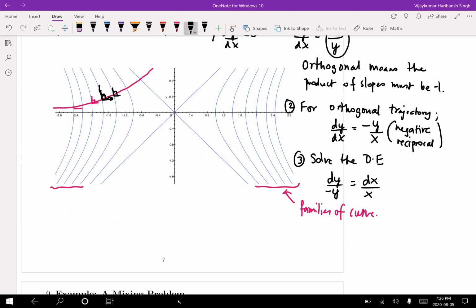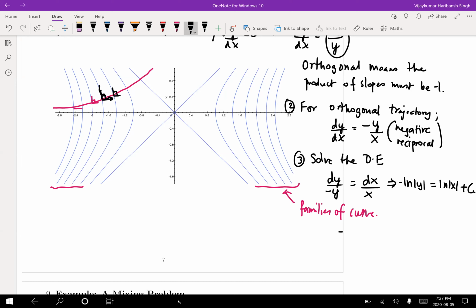So we get from here dy over minus y equals dx over x. So we get ln of absolute value of y with a minus sign equals ln of absolute value of x plus a constant c.